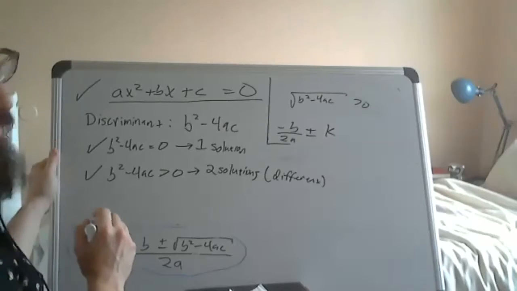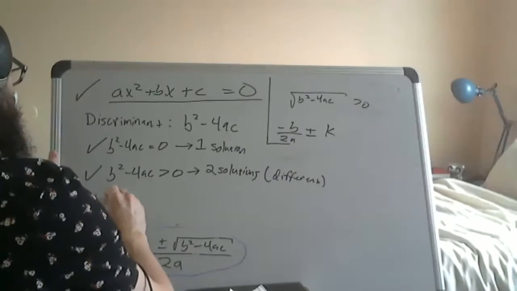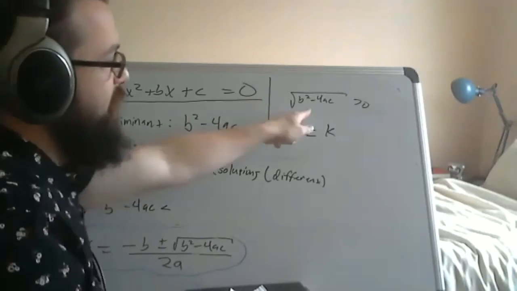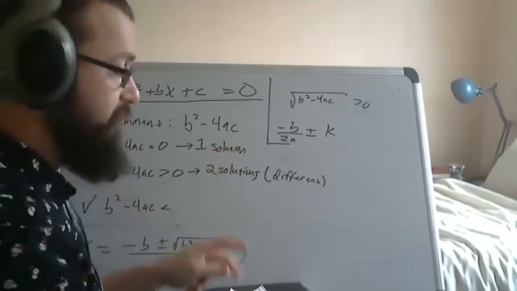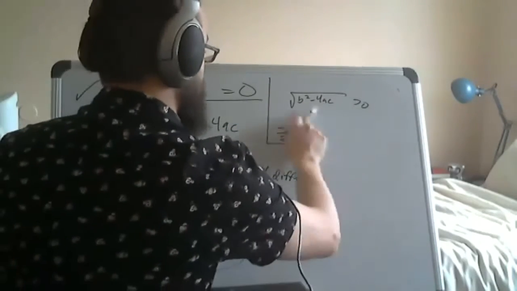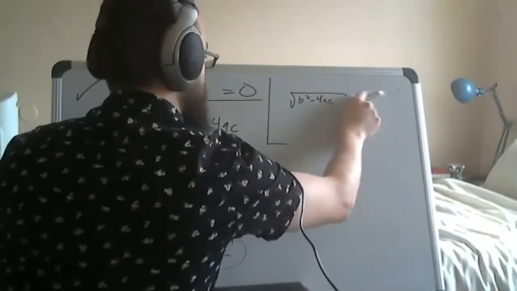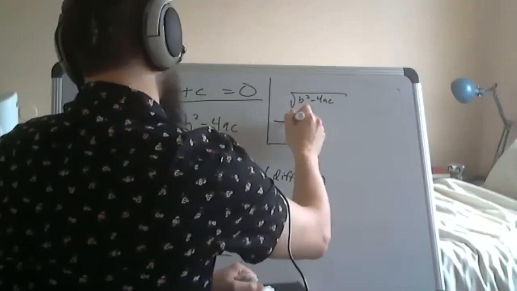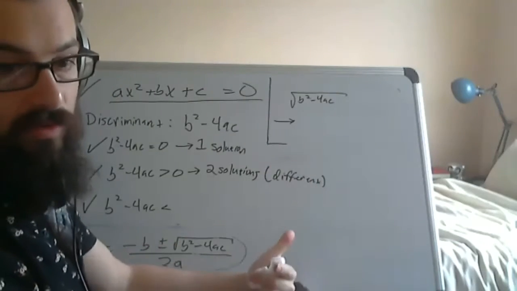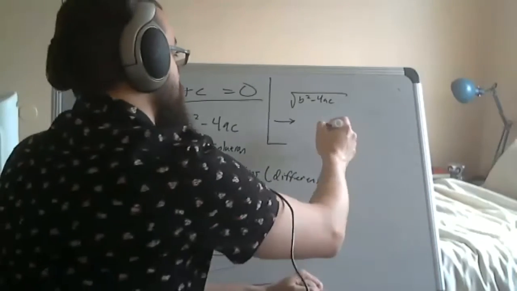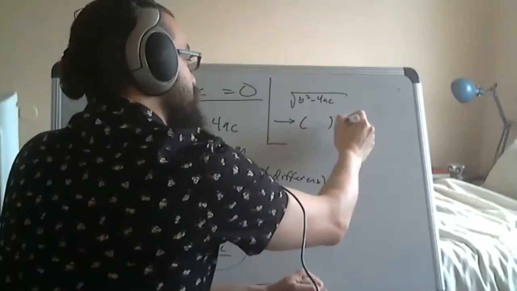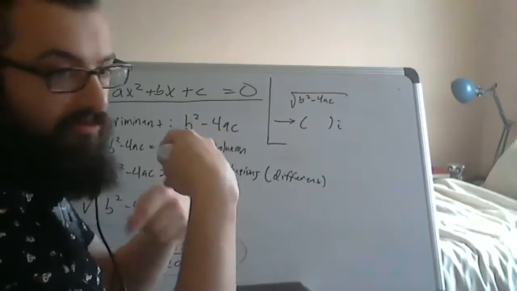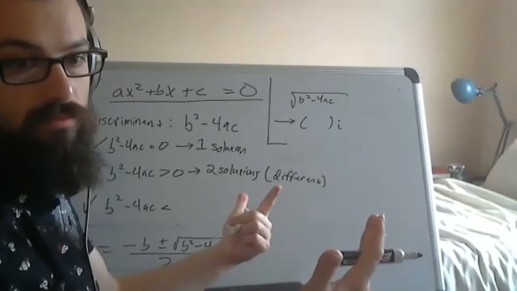Last but not least, if this whole thing under the radical is negative, if this whole thing is less than 0, then we have a negative under a radical. And so at some point, i will pop out. Because we have, let's say, negative 4 under the radical.